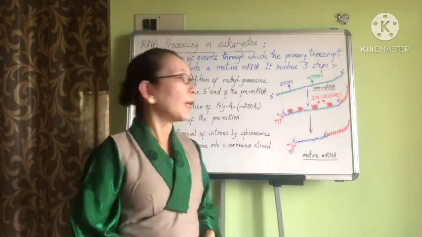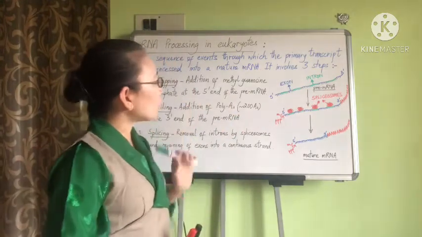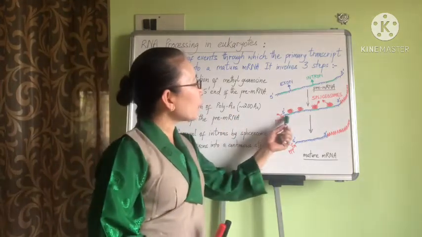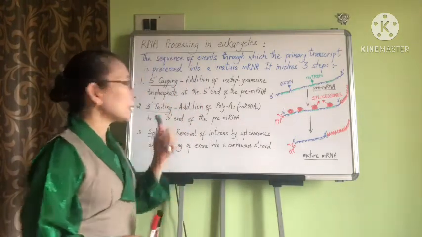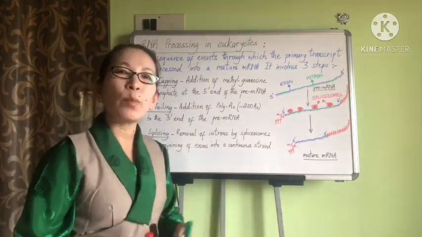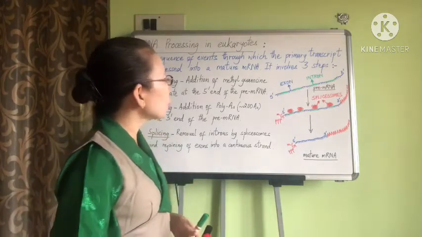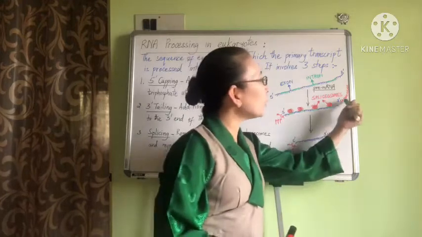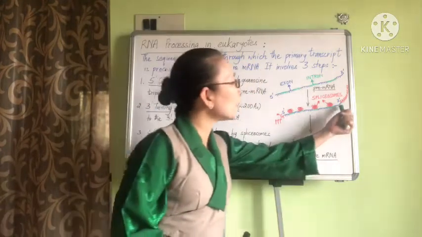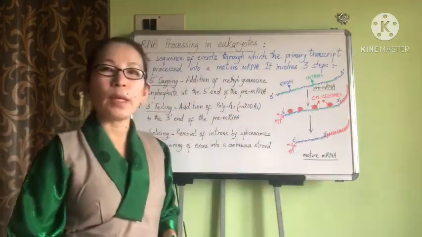During 5' capping, methylguanosine triphosphate is added at the 5' end of the pre-mRNA. In the 3' tailing step, also called polyadenylation, hundreds of adenine nucleotides, the poly-A tail, are added to the 3' end of the pre-mRNA.